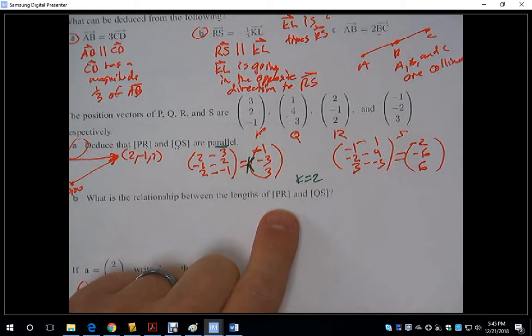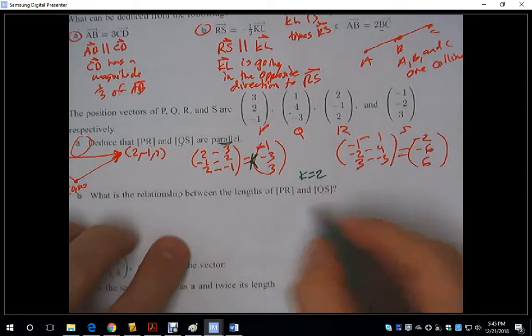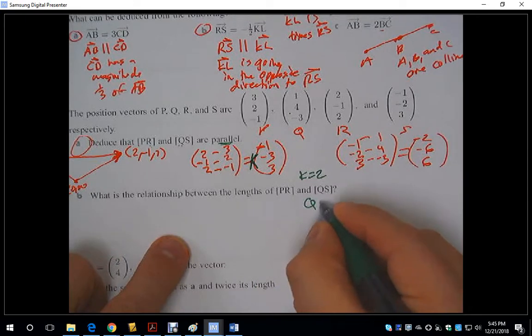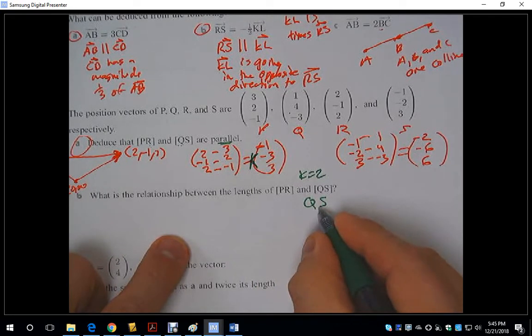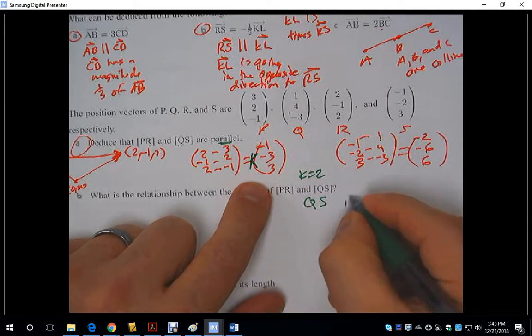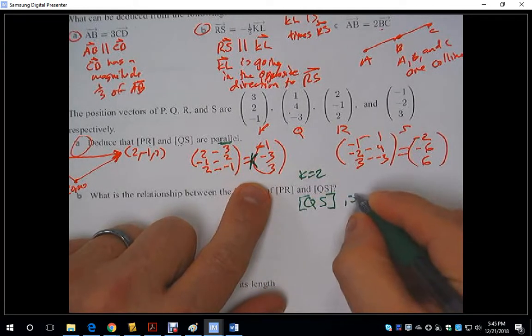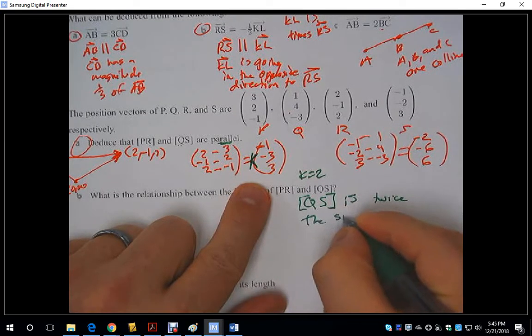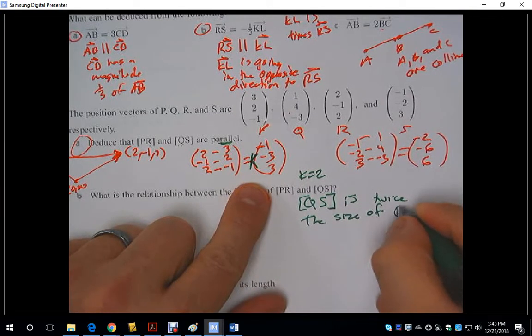To me it looks like this length here of QS is twice the size of PR.